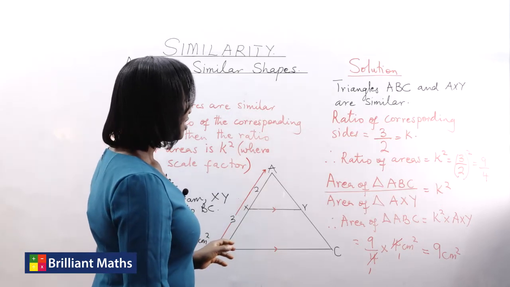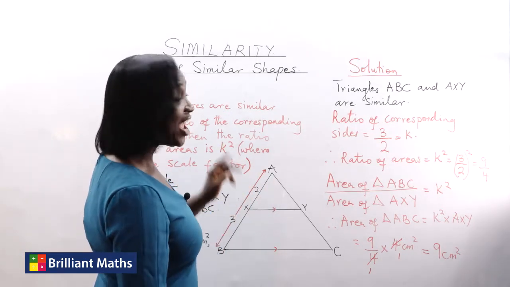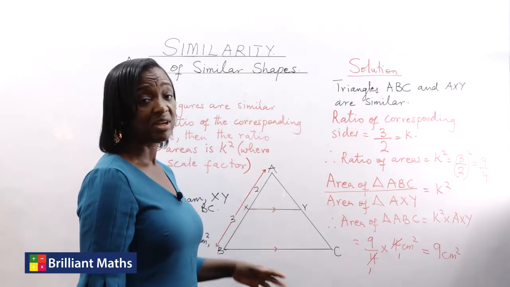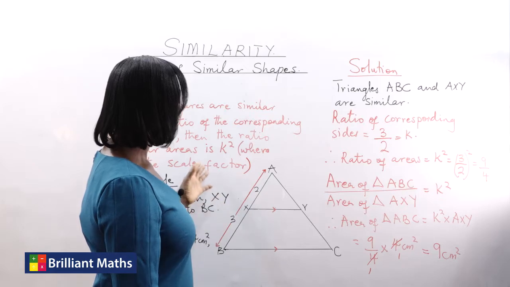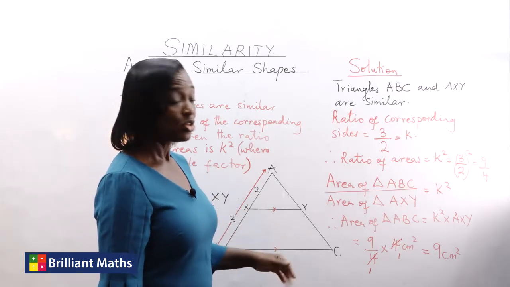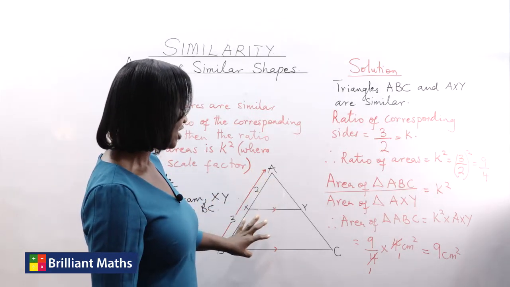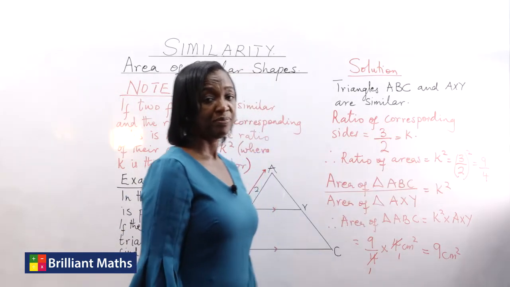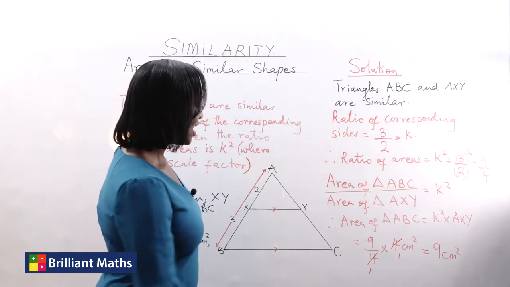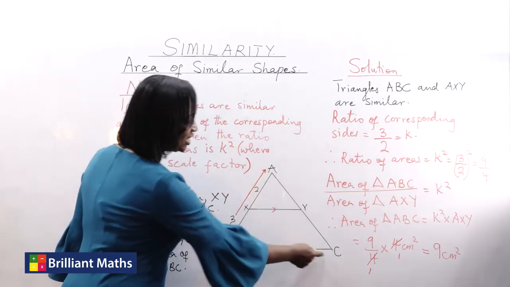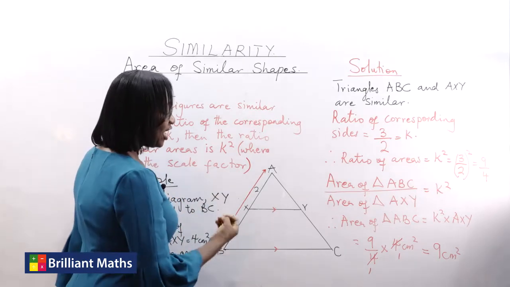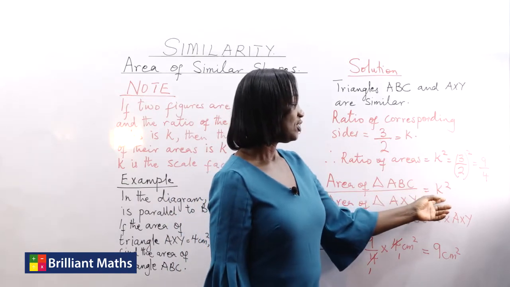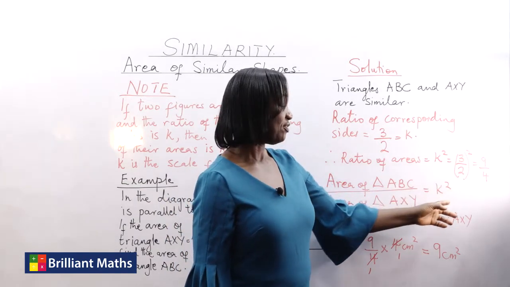Interesting. So the ratio of their areas is 3 over 2 squared, because 3 over 2 is our K. That's the ratio of the corresponding sides. So the ratio of the corresponding areas will be K squared, which is 9 over 4. So that means that the area of triangle ABC over the area of triangle AXY is equal to K squared, so that is equal to 9 over 4.